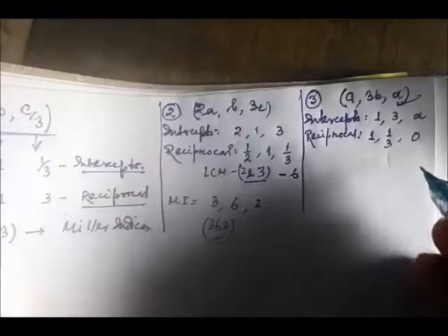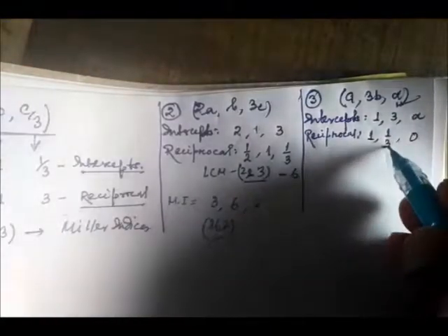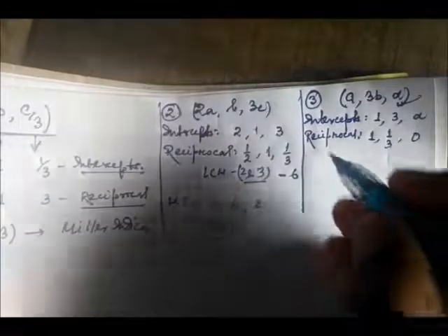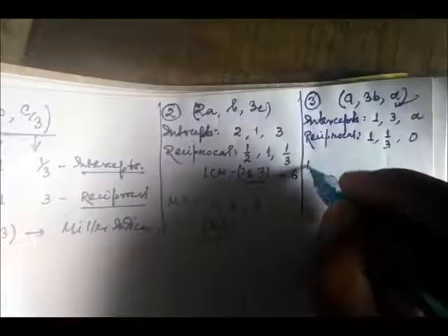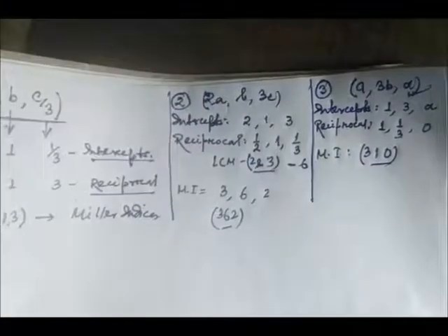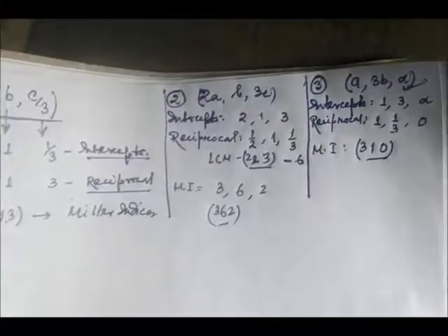Now just remove this fraction. So the LCM of 3 and 1 will be 3. So Miller indices will be 3, 1, 0. So this is the Miller indices of this A, 3B, infinite plane.